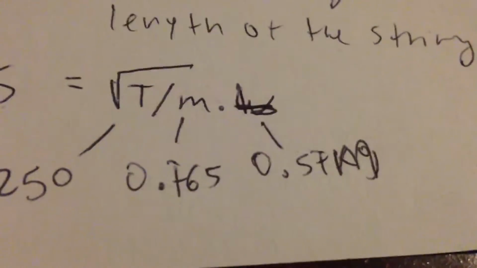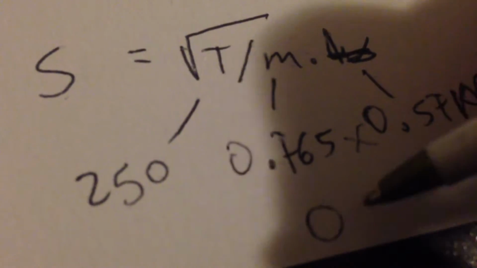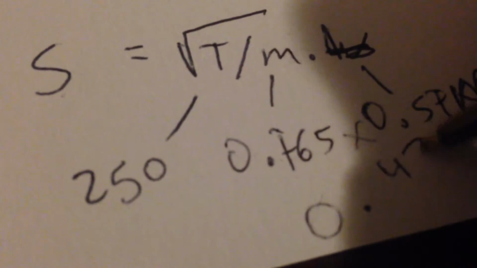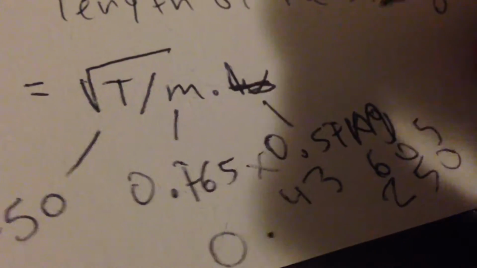After I multiply these two together, I got the following number, which is 0.4365. Afterwards, I divided that number by 250, and it gave me the following number: 581.